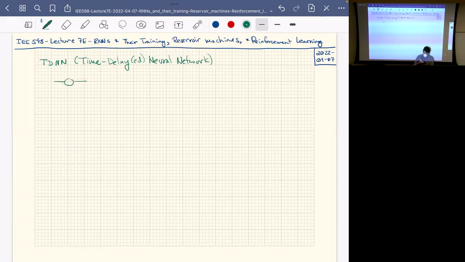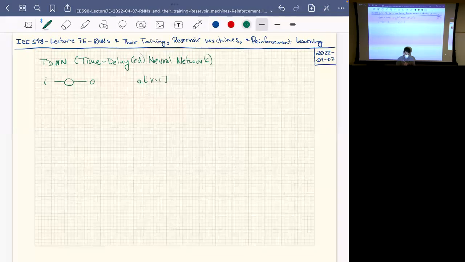If we call the input I and the output O, then we can define the input and output in terms of time steps. It's a little bit like a flip-flop or a latch, so I could say that the output at time k plus 1 is equal to some function of the input at time k.